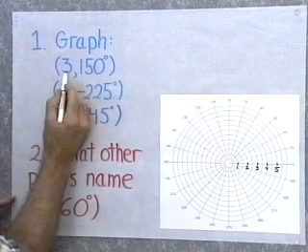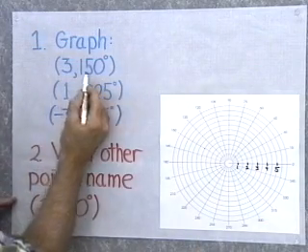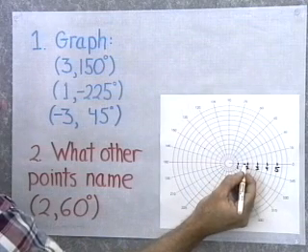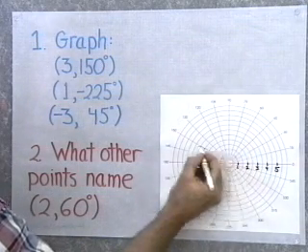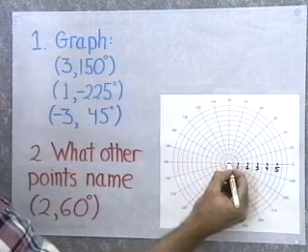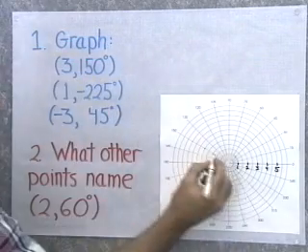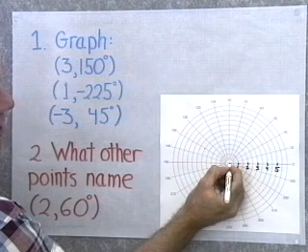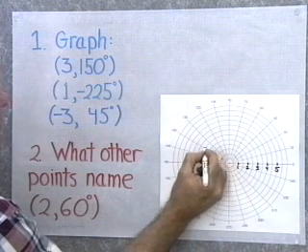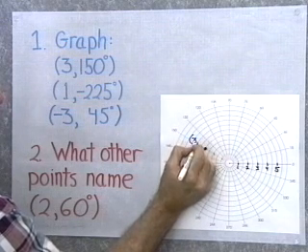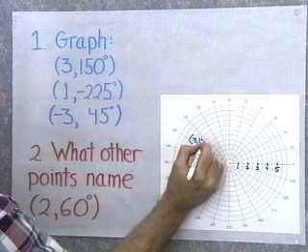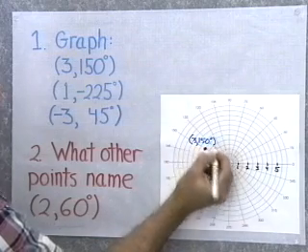So to graph the ordered pair 3, 150 degrees, I go from the positive x-axis to the ray that's at 150 degrees out from the origin, and I move 3 units out on that ray. So from the origin, I move 1, 2, 3 units out on that ray. The coordinates of this point are r equal 3, theta equal 150 degrees.